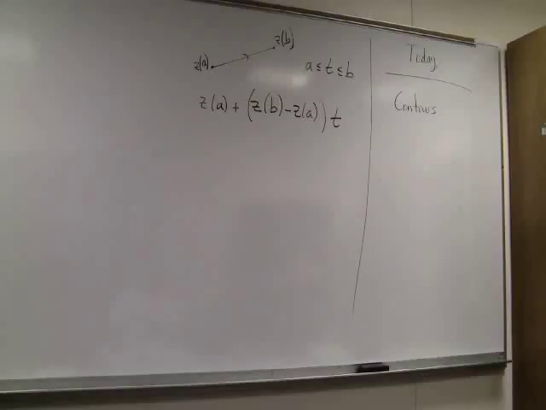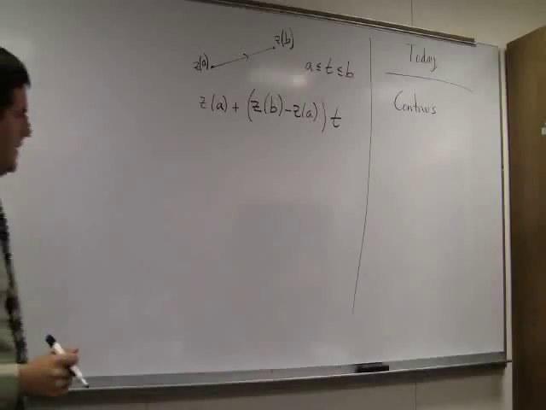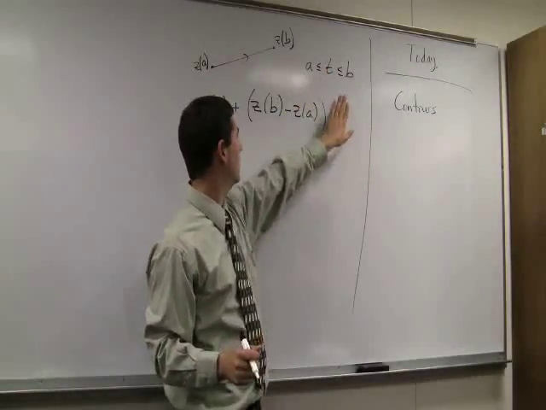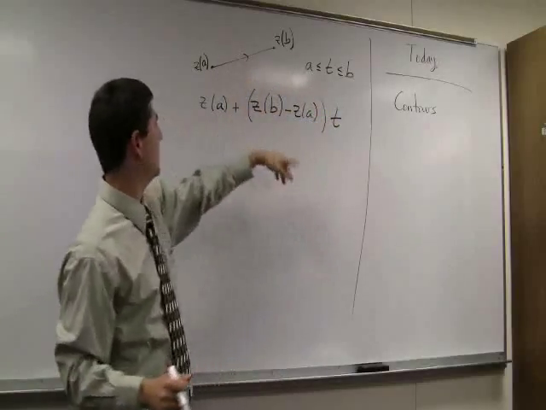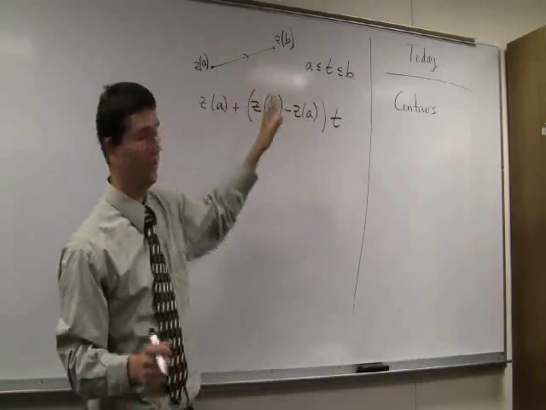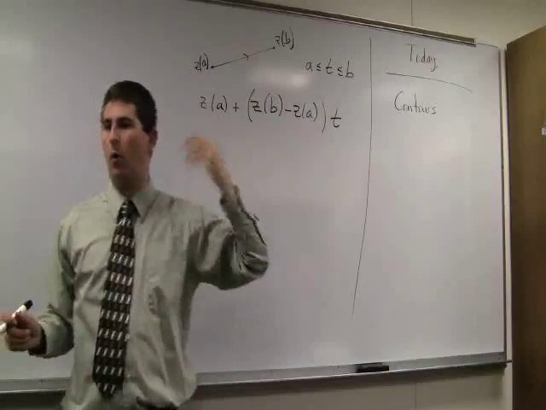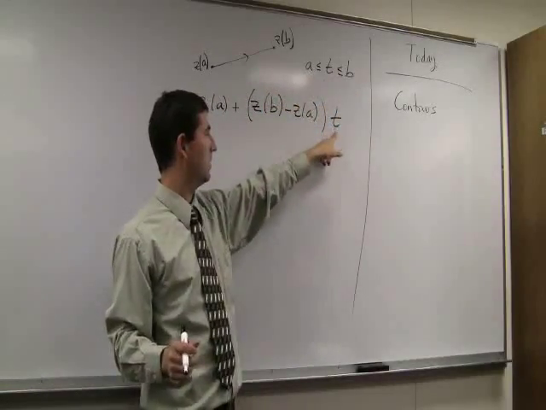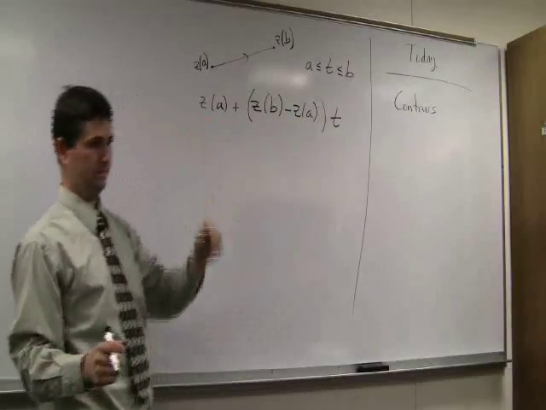Well, you have to adjust the time a little depending on what the time is. Yeah, right. If this was 0 to 1, then okay, when t is 0 you'd have Z of A, and when t is 1 you'd have Z of B. But it's not quite right when you're just going from A to B, you have to fiddle with things. So how do we fiddle with it?